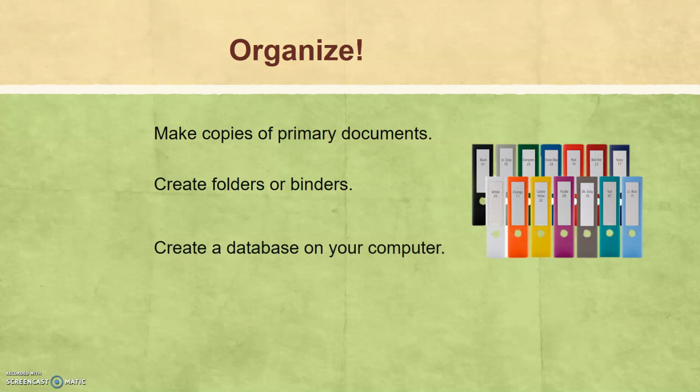Create a database on your computer. Normally, if you use a genealogy program, you will be able to upload your documents. So create a database. Sometimes, and this is what I do, I usually have a spreadsheet where I actually document, Joe Smith, I found his vital birth record, or I found his death record, so I make a note that I have it.